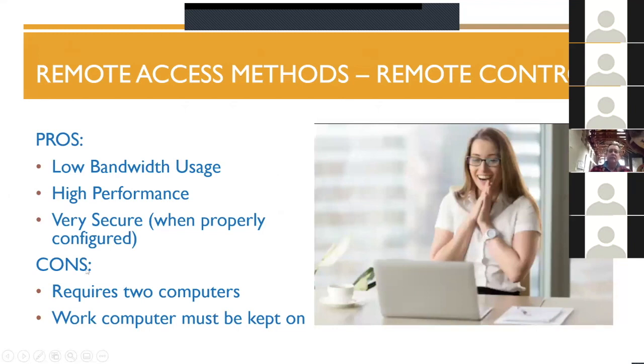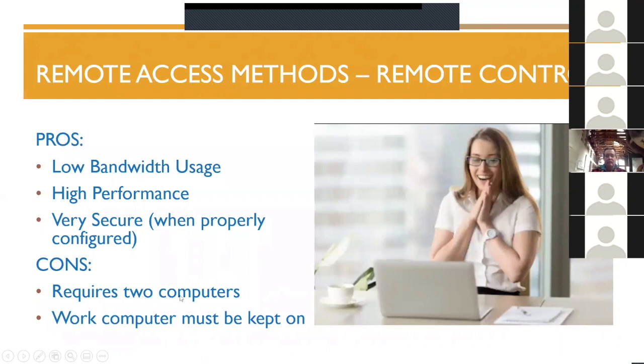Now, some of the cons are you need two computers, right? You need a computer in the office and you need a computer at home. Your computer at home does not need to be as powerful as the one in the office, and you can even use tablet computers, iPads, and even mobile devices to control your office computer if you can see on the screen.